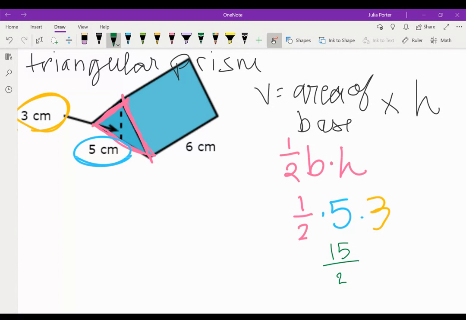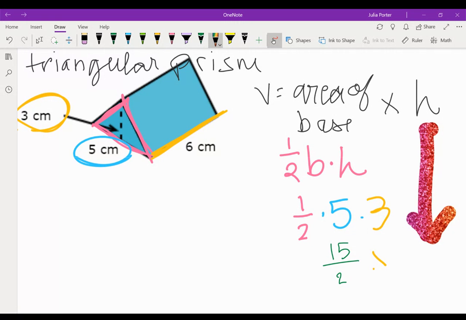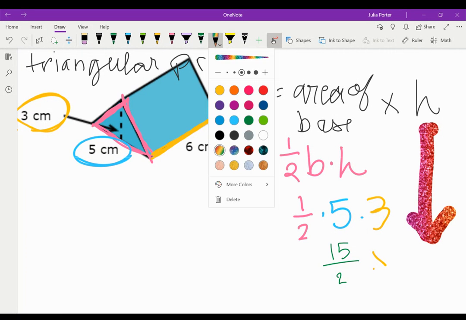And now I'm going to multiply this entire base area times the height of my prism. So all of this times my 6.